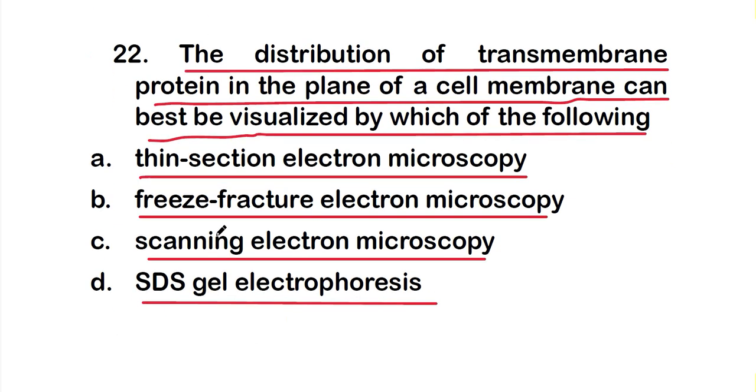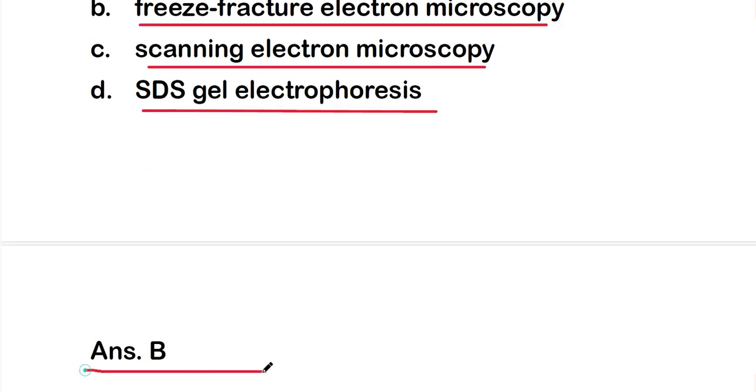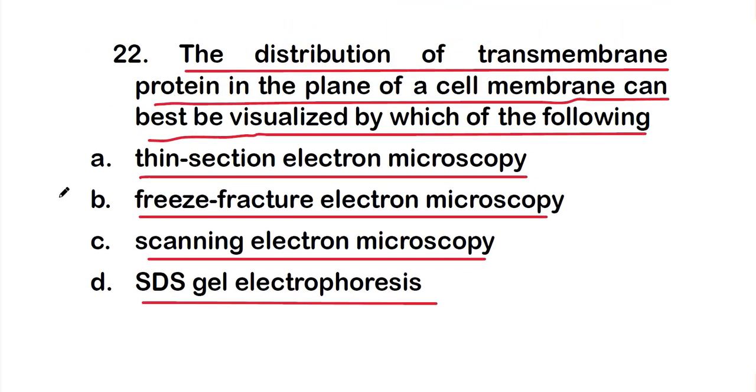So the right one is option B, freeze fracture electron microscopy. The distribution of transmembrane protein in the plane of a cell membrane can best be visualized by freeze fracture electron microscopy.